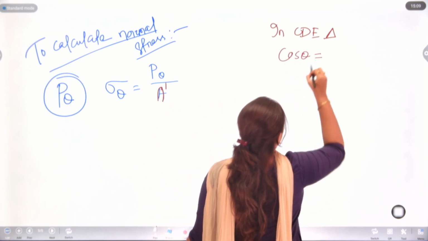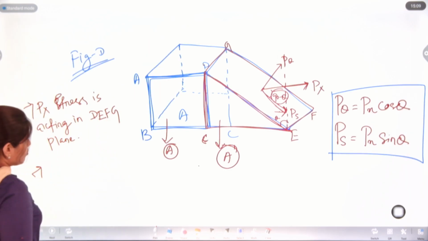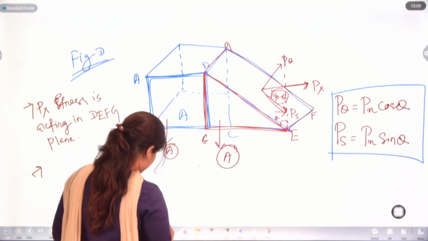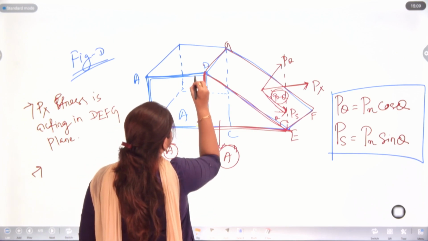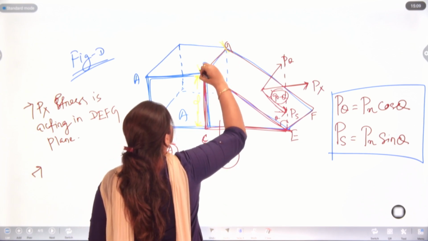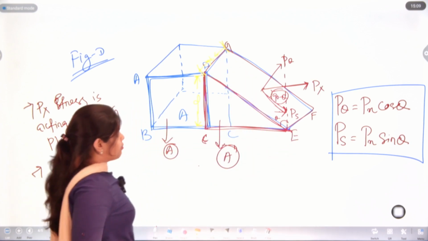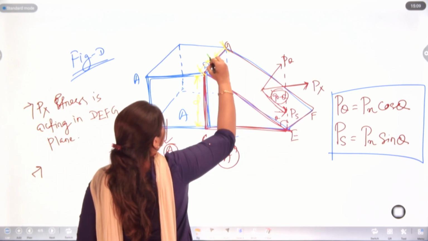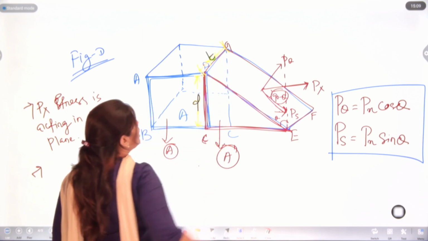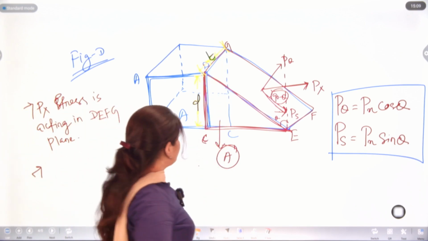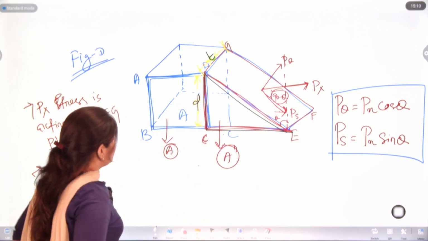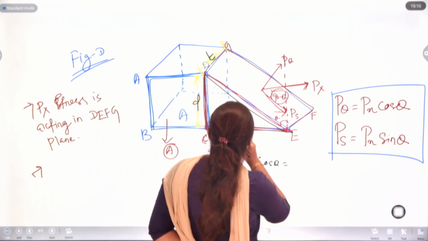We will have cos theta. Here, to find out cos theta, let this be D, and this is our thickness T. So, in the CDE triangle, cos theta will be what?